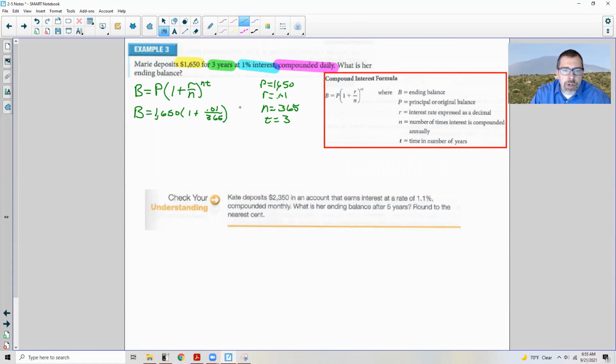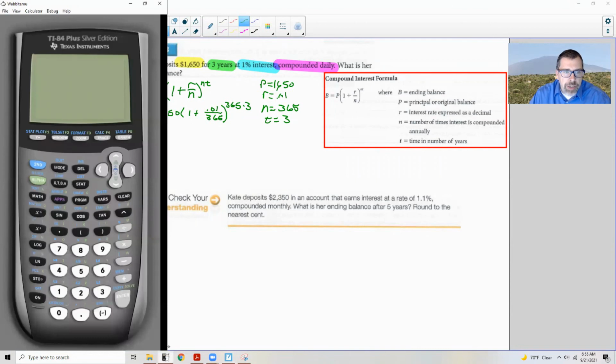And then to the power of 365 times 3, N times T. Okay, so when I get my calculator out, it's going to be, let me turn it on. Hello, on, 3 times a charm.